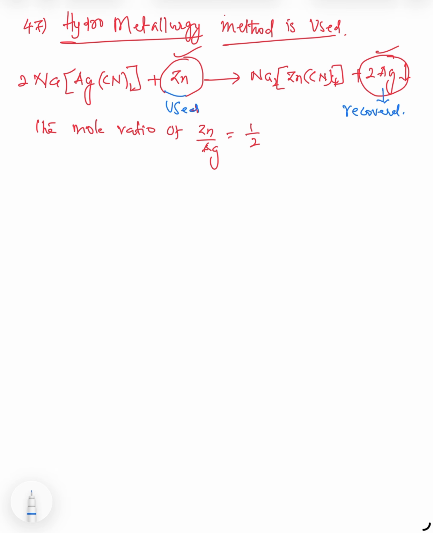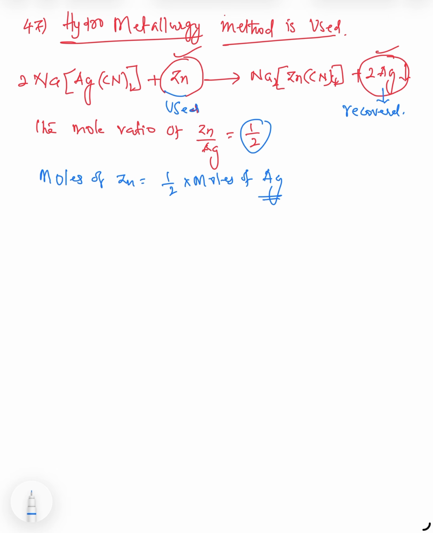So the mole ratio we got is 1/2. Moles of zinc is equal to 1/2 into moles of silver.